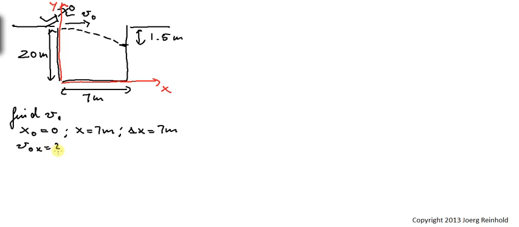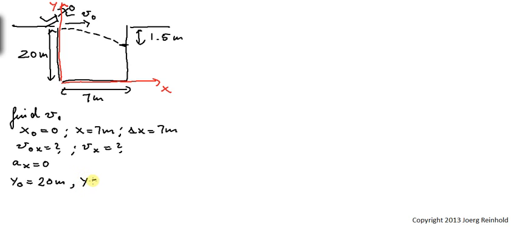v0x, that's what we're supposed to find, so we don't know that. We also don't know what the final x component of the velocity is. As long as we can neglect air resistance, we know that there's no acceleration in the x direction. We also know that the initial position in the vertical direction is 20 meters.